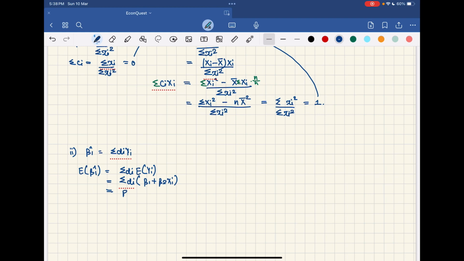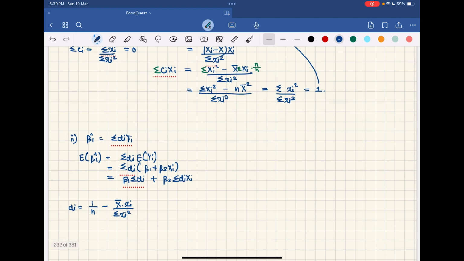So beta 1 times summation of di plus beta 2 times summation of di xi, right? What was the value of your di? It was 1 by n minus x bar times xi upon summation of xi square, right?